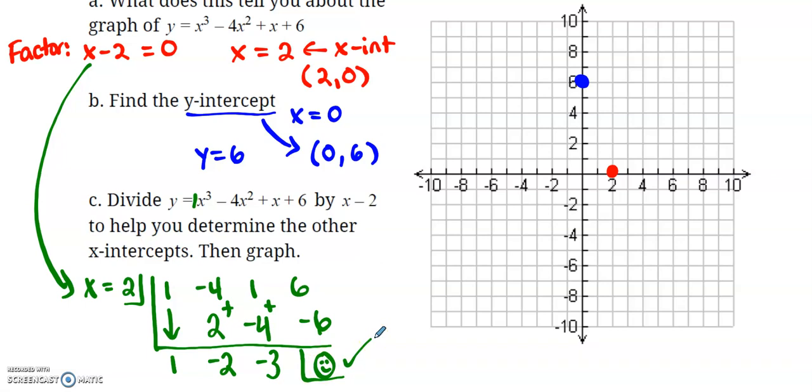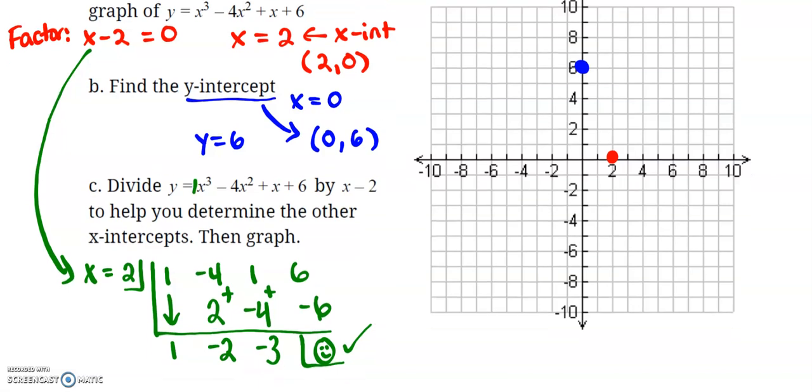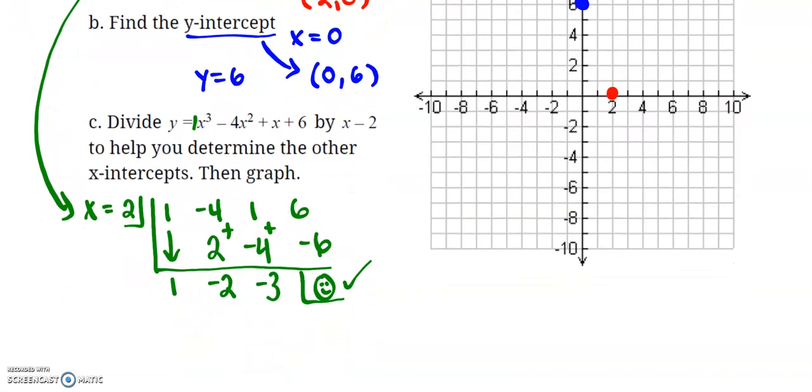I know that I'm supposed to get 0 because I was told that this is an x-intercept and a factor. So what does this help me get the rest of, though? Well, if originally I had x cubed and I divided it by x to the first, that means this is x squared left over minus 2x minus 3.